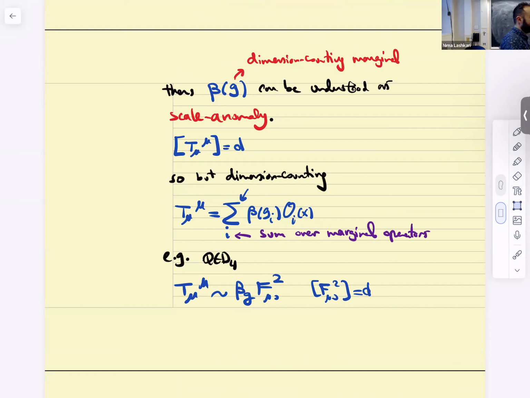In four dimensions? Oh, no, this is QED4. Yes, you're right in QED2. So what you're saying is that this is equal to 4. Okay, good. Yes, thank you.